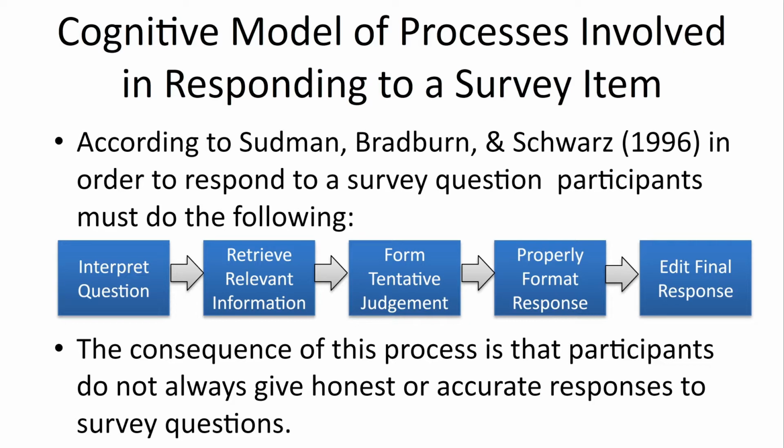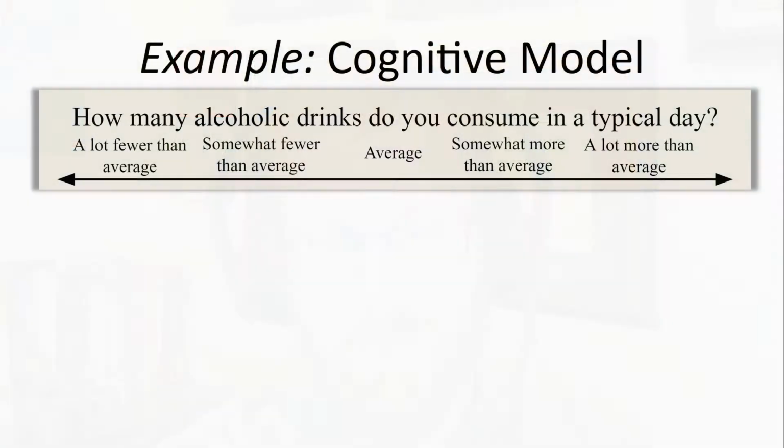So the consequence of all this is that participants, while they might be trying to give you an honest and accurate response, as you can tell, anything can happen at any one of these steps to alter that response. So it can be pretty problematic, obviously. Take this example.